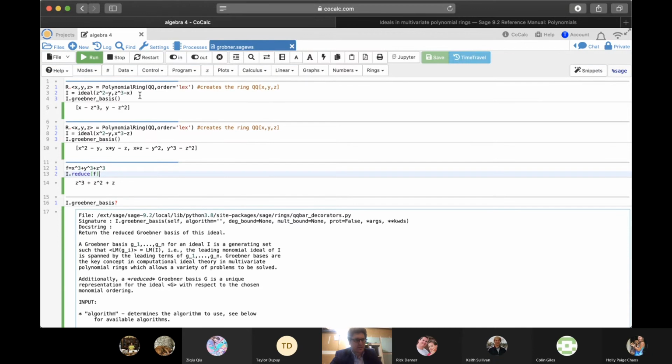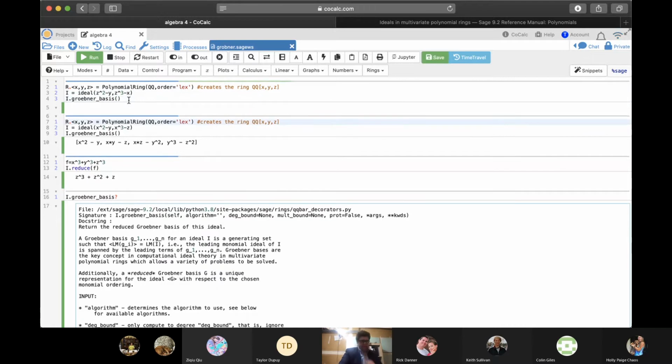Okay. So here's the first computation that we did before, right? To instantiate a polynomial ring, I'm doing it with Q coefficients. You do it like this, and then you specify a term order, okay? And then you can specify the generators of your ideal, and then you can ask it for a Grobner basis.